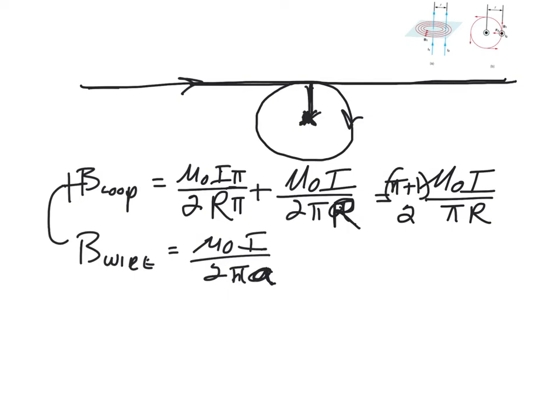Did you follow that? All right, the 2, we have pi r, mu naught I, but when we factor out the mu naught I, we're going to have pi plus 1 in the numerator and a 2 in the denominator.